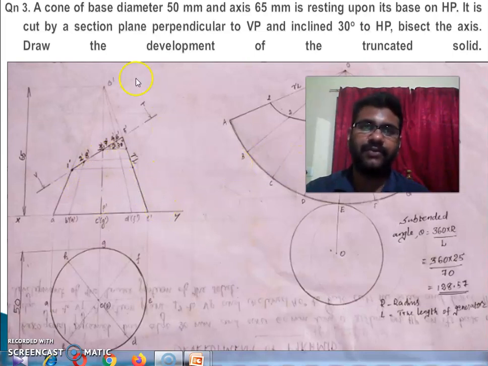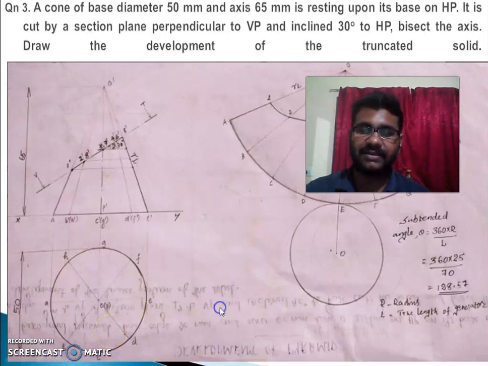To develop the solid, first you complete the top view, that is the circle, and divide the circle into any number of equal divisions, say 4 or 8. We divide the circle because in the case of cone and cylinder there are no slant edges or lateral edges. Only the lateral surface is a curved surface.